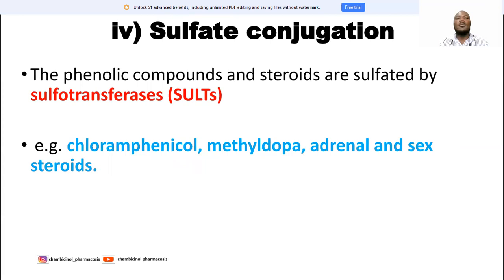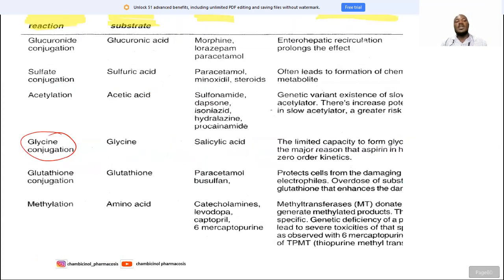In most cases, these metabolites are reactive metabolites, not active metabolites. For this we require the sulfotransferase enzymes. Most of the enzymes in phase 2 reactions are transferases, whether to transfer a sulfate group or another group.